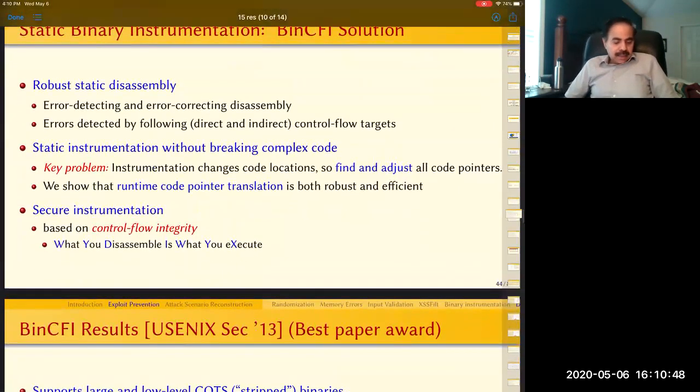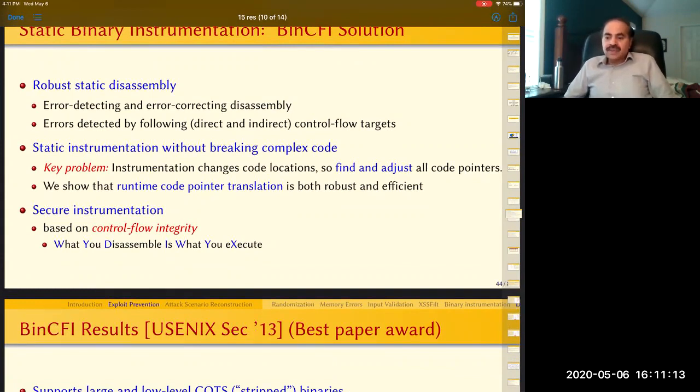And then we already talked about this problem of finding code pointers and fixing them up. What we did is that, just like dynamic binary instrumentation, we decided to do just-in-time translation just before the code pointer is used as a target.